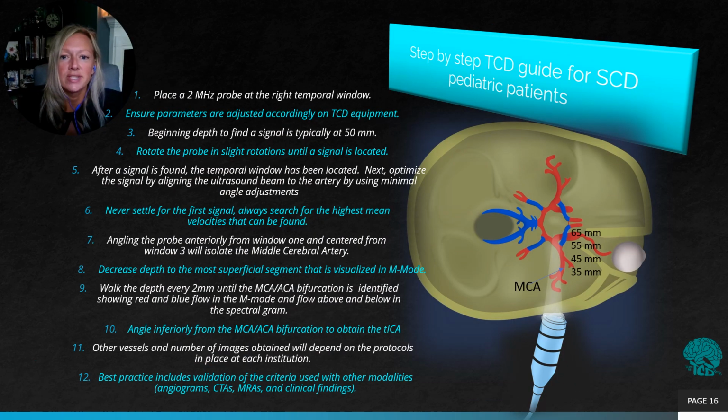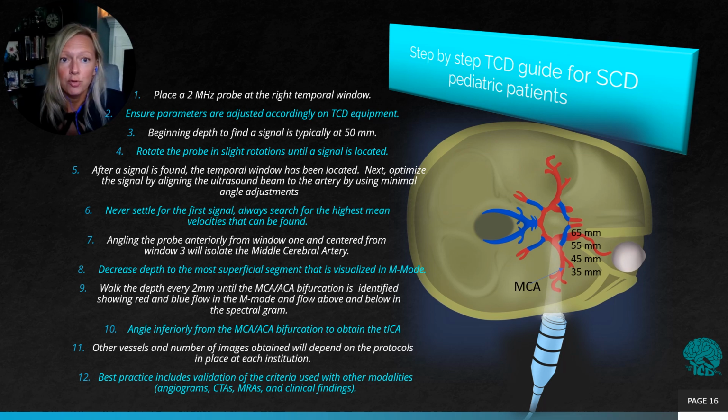Just to review a step-by-step guide for a TCD protocol for pediatric patients with sickle cell disease, you will use your dedicated Doppler machine with a 2 megahertz probe, initially placing it at the right temporal window, window 1 or 3 as we mentioned in the previous slide. You will find your best window.